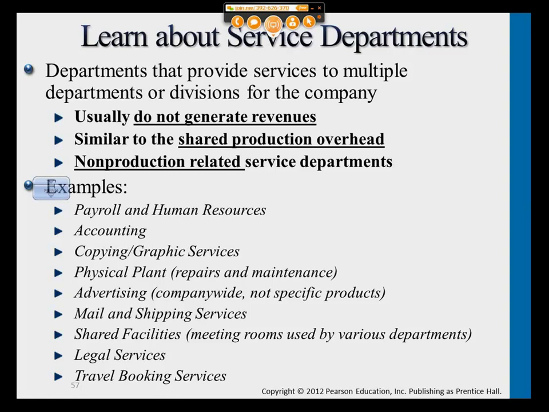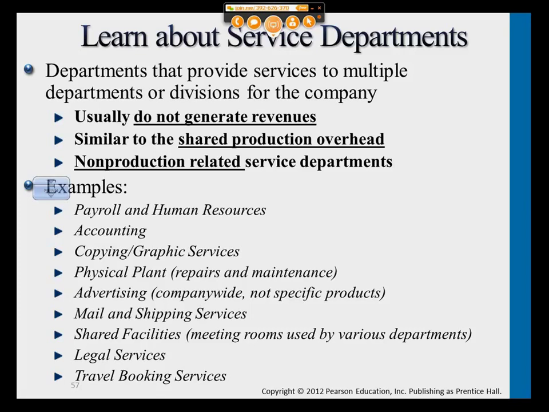Okay, that's as an example. So what are those? That's our human resources, right? They're servicing usually the whole company. Okay. Accounting is another example. Copying, graphic services, physical plant, right? That requires some maintenance, for example, maintaining not just that particular line of production, but they're servicing the whole plant. Mail and shipping services, shared facilities, legal facilities, and travel booking services.